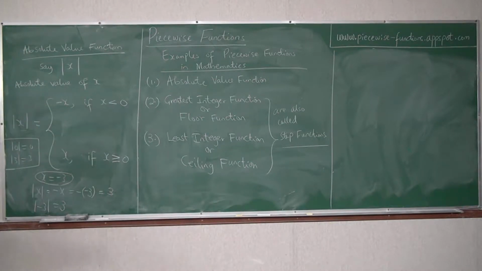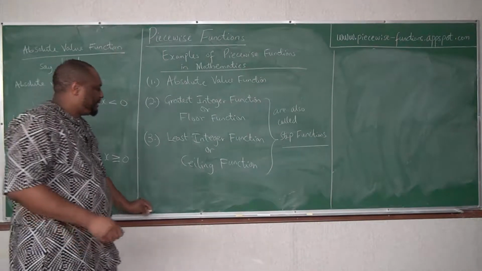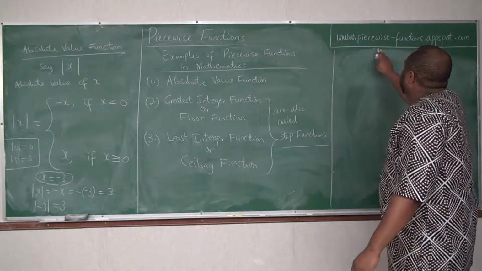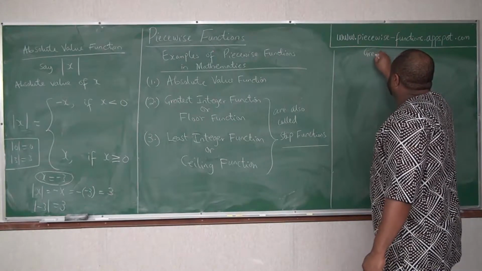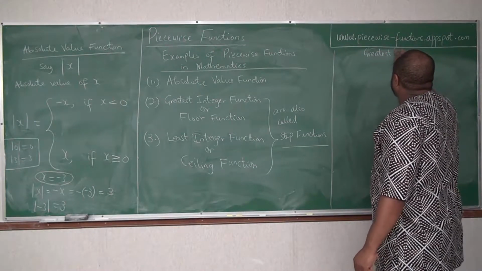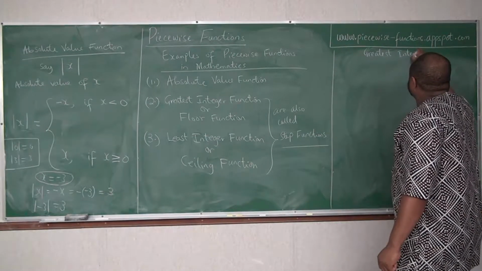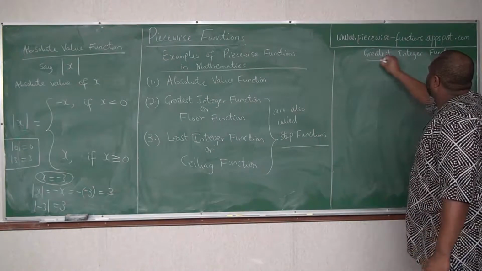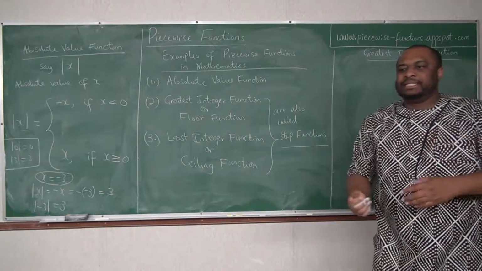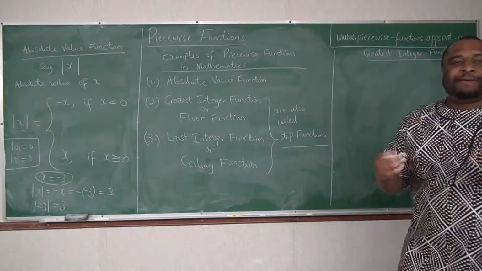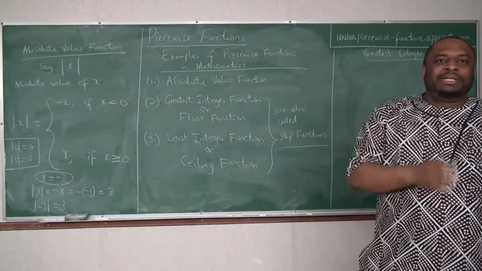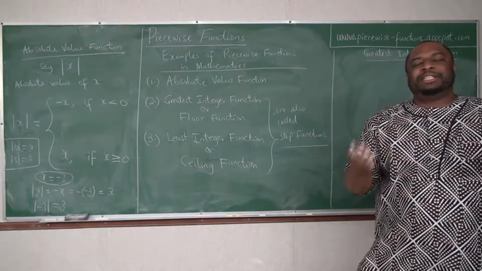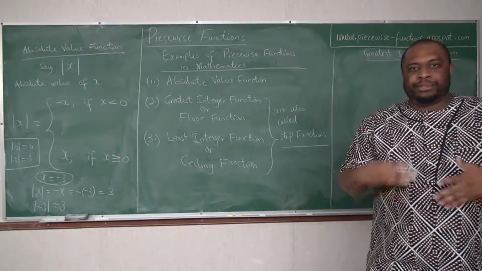Another example is the greatest integer function. The greatest integer function is defined as the greatest integer of a variable, say x.